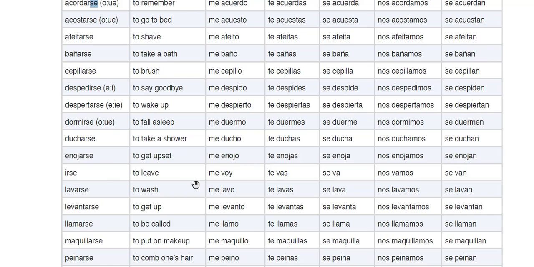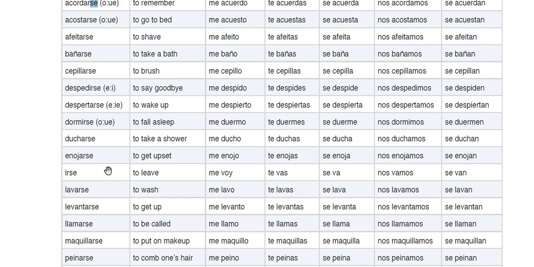Enojarse is to get upset. Me enojo. Irse is to leave. Me voy. We've seen the verb ir, and ir meant to go. Notice that irse, used reflexively, is different. The difference is, when we use the verb ir, we are implying that there is a destination. When we use the verb irse, we're implying that there isn't a necessary or specific destination.